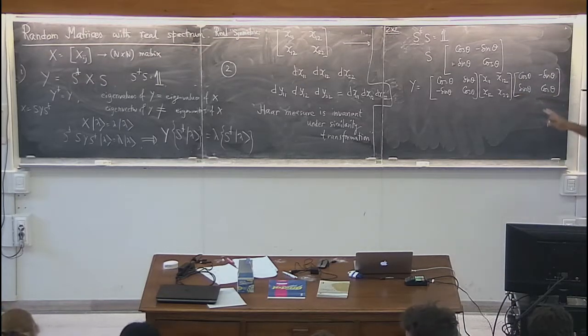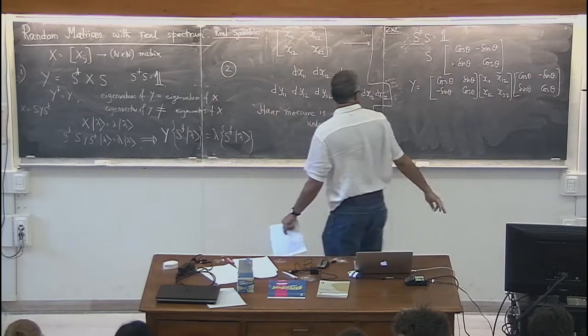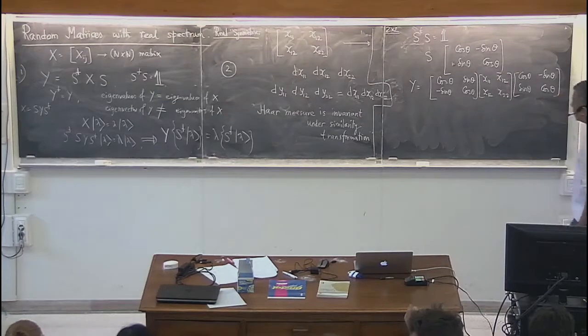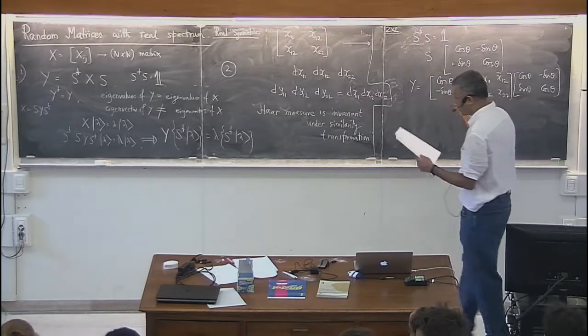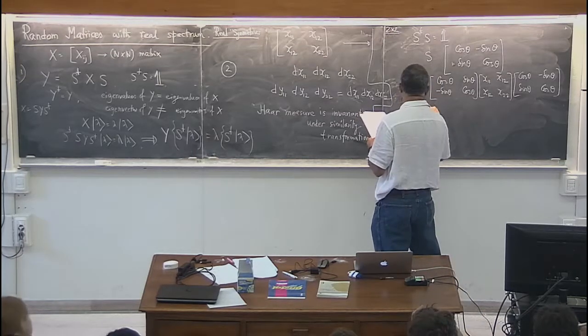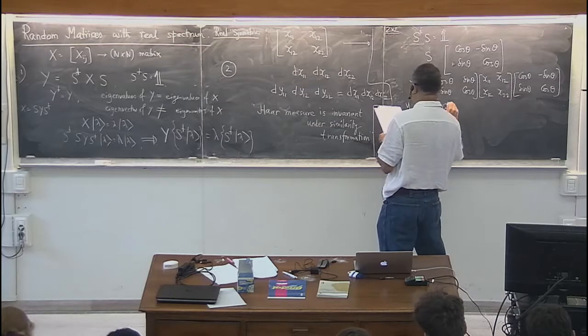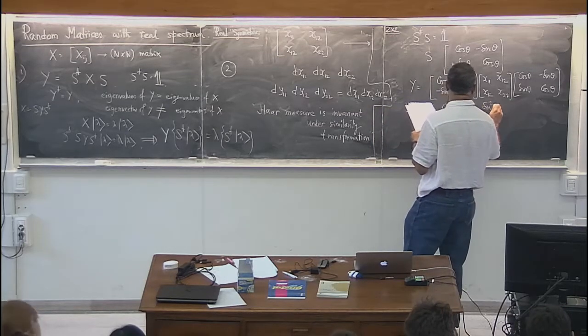Okay, so this is your transformation, right? This is exactly this guy, parameterized by this theta, and so you can write down the elements of Y. So Y11 will be just x11 cosine square theta plus x22 sine square theta. Just multiply it out.